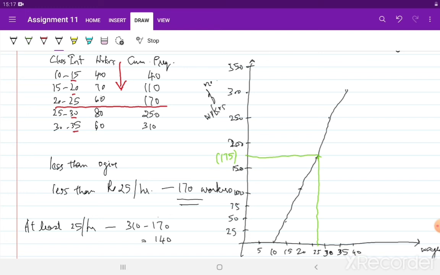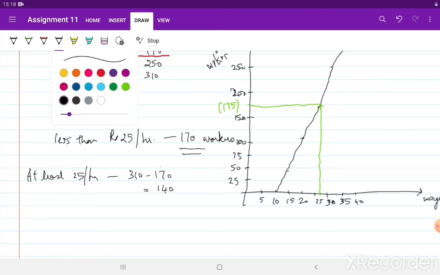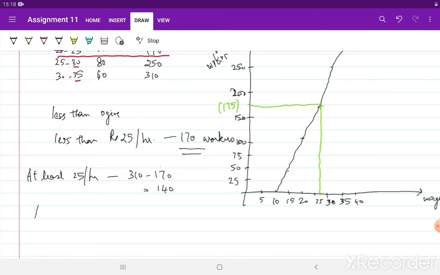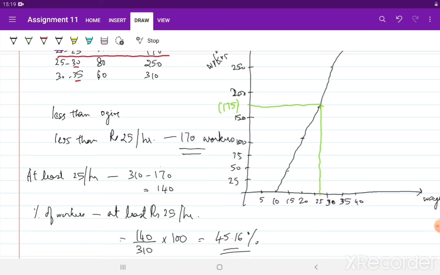And don't forget, it asks you to find the percentage of workers receiving at least minimum wages. So remember to convert 140, so percentage of workers getting at least 25 per hour is equal to 140 divided by 310 into 100, which is equal to, and that's the final answer.